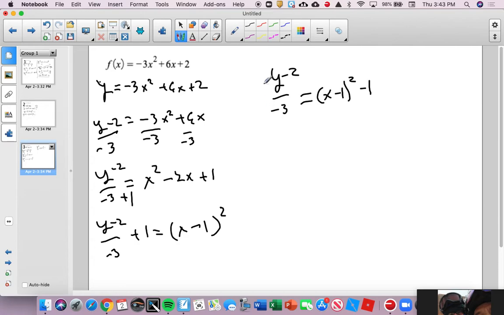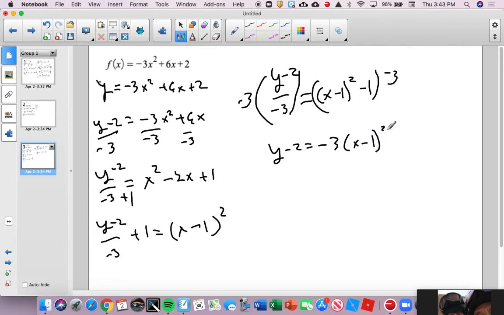Then I'm going to multiply everything by -3. And so then I get y minus 2 equals -3 times x minus 1 squared plus 3, right?